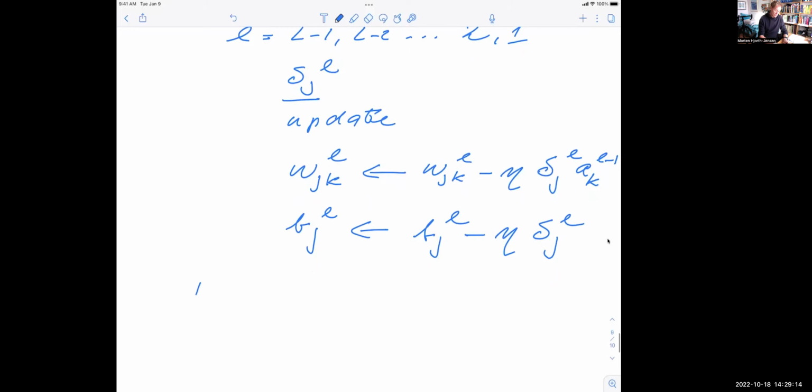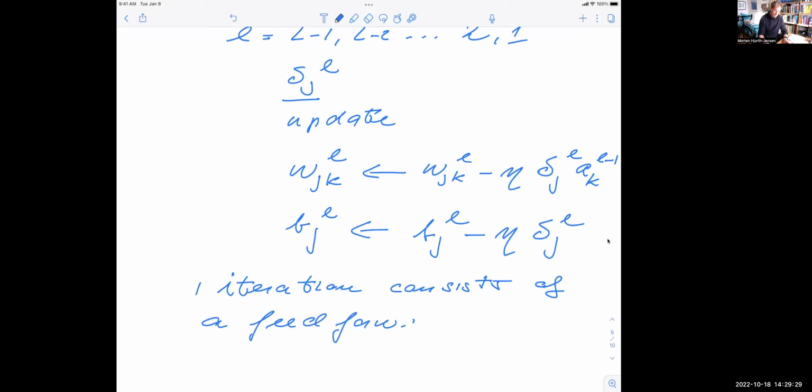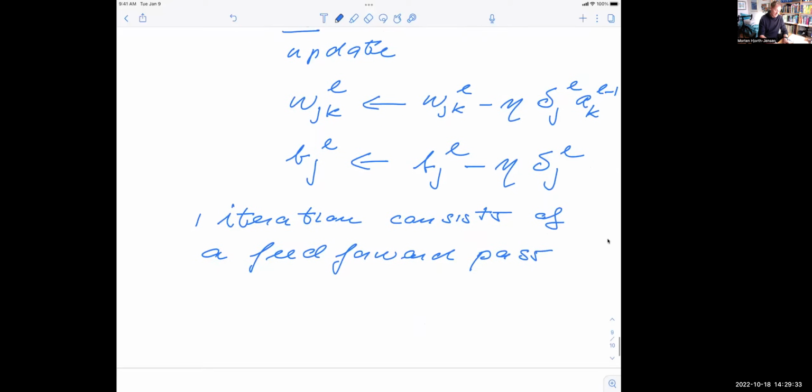So one iteration here consists of a feed-forward pass and a back propagation pass.